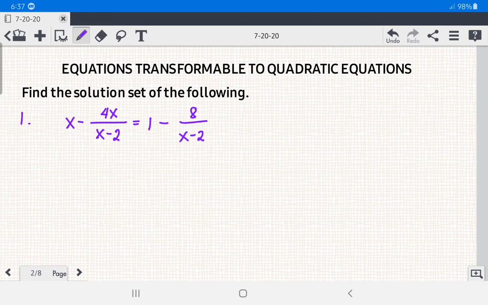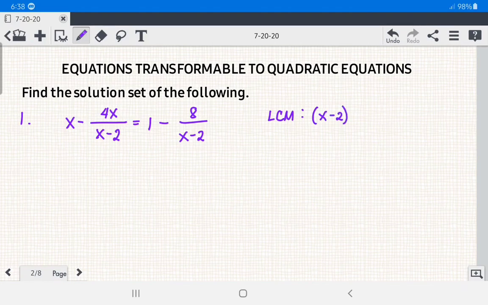LCM means the least common multiple. Least common multiple of the denominators, or simply get the LCD, the least common denominator. Here, the least common multiple of the denominators is x minus 2.